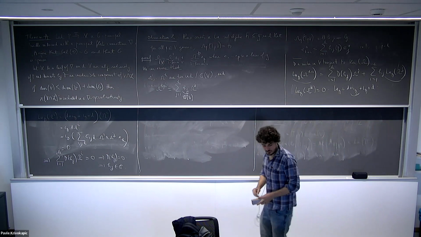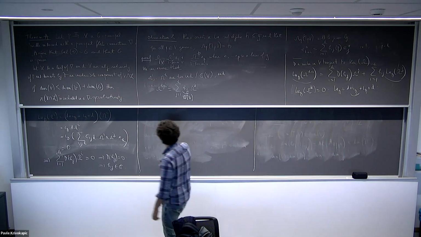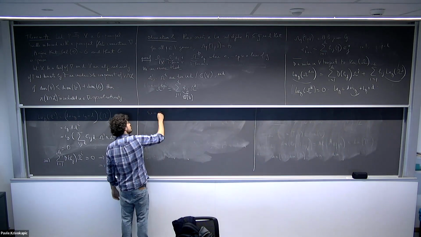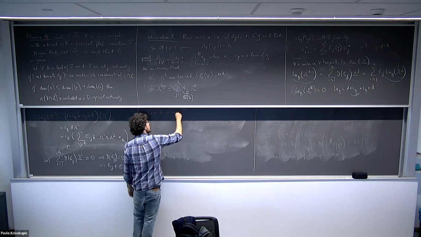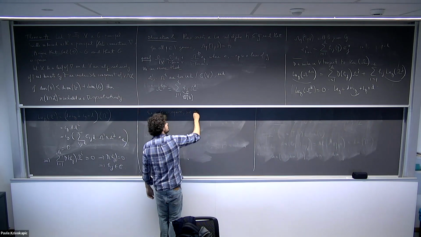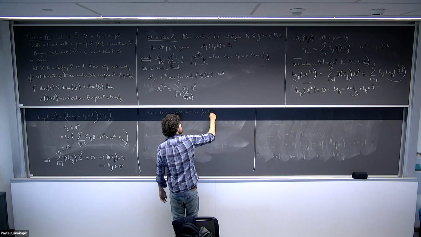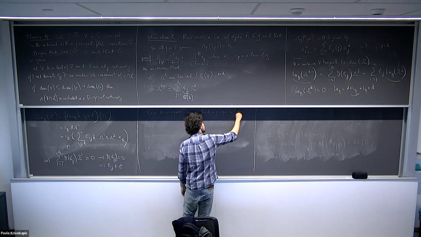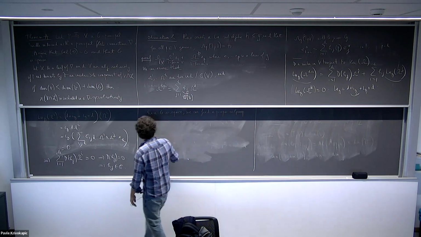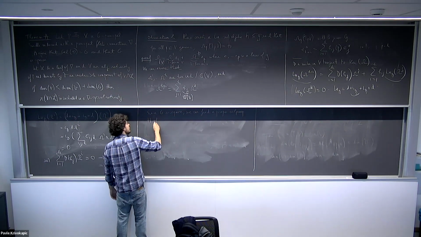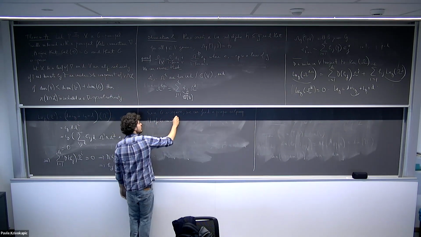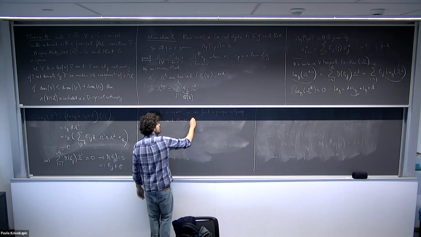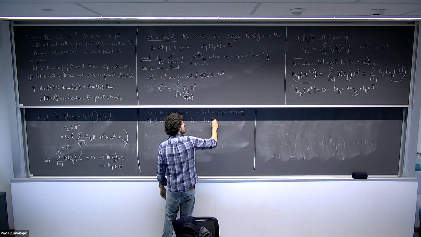And so since G is sparse, we can find a proper subgroup H of G such that my Lie algebra H is included in Lie of H.